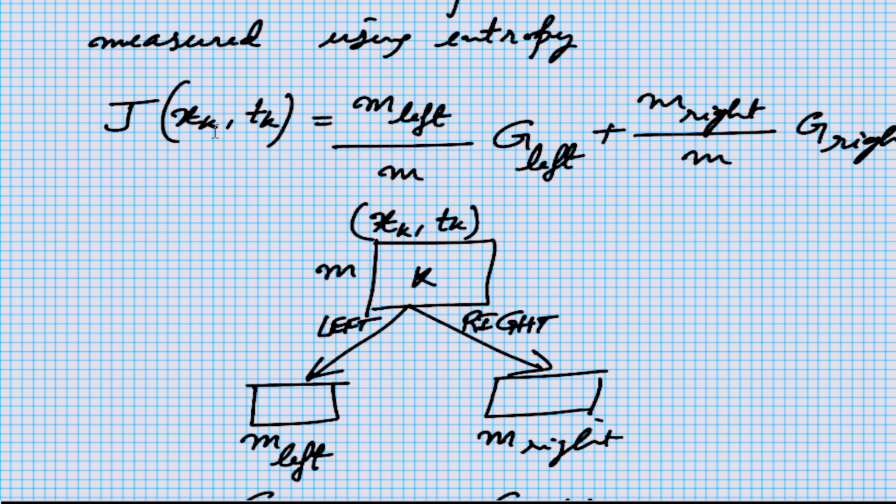Initially you start from x1, change your tk, start from the lowest value and go till the highest value: 0.1, 0.2, 0.3, like that. Keep calculating this J value for a particular column. I need to calculate it using the equation m left divided by m into G left plus m right by m into G right.